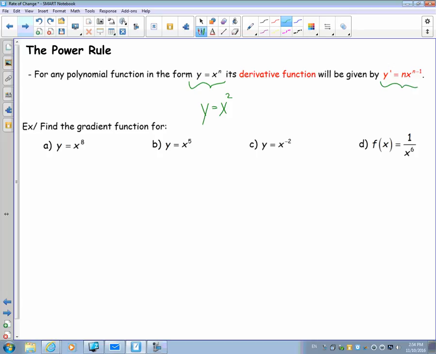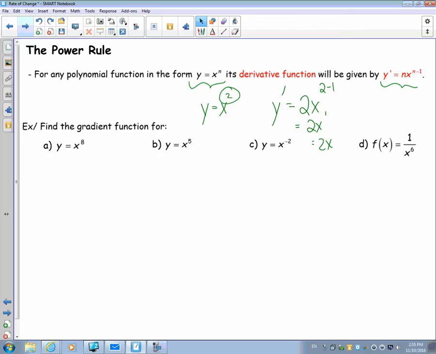Well, what does n stand for? n is the exponent. So if I want a derivative, I take my exponent, I put it down in front, so the number 2, times x to the power of, what was the exponent? It was 2, right? So 2 minus 1. And it's always subtract 1, okay? Which simplifies to just 2 times x to the 1. Or, if you will, just 2x. Like the thing we guessed a second ago.